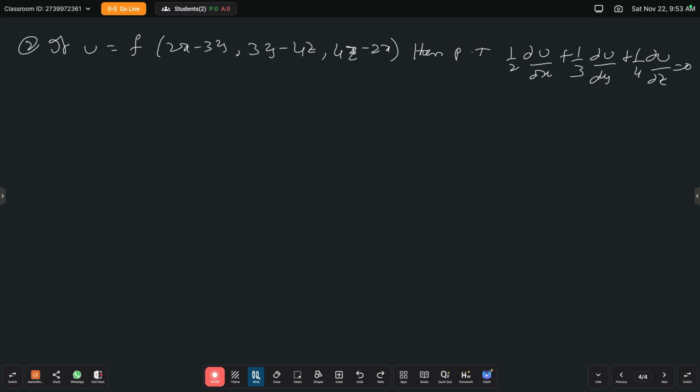Now we have to prove that 1 by 2 into dou u by dou x plus 1 by 3 into dou u by dou y plus 1 by 4th into dou u by dou z is equal to 0.